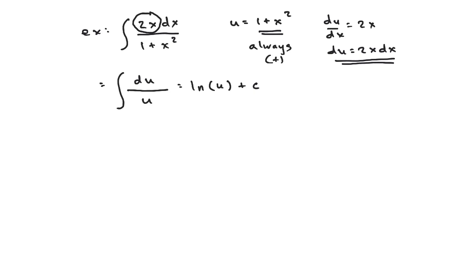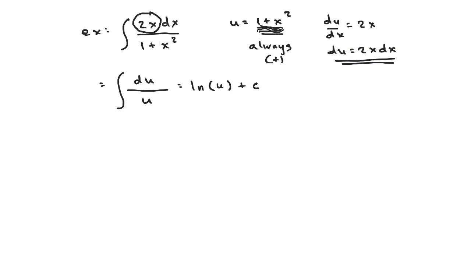Again, in this case, we do have a function of a function. The inner function is 1 plus x squared, and the outer function is 1 over x, or 1 over u. We took the inner function and called that u, which is 1 plus x squared. Then du dx is equal to 2x, and so du equals 2x dx, which appears in the integrand, so we can call it du.